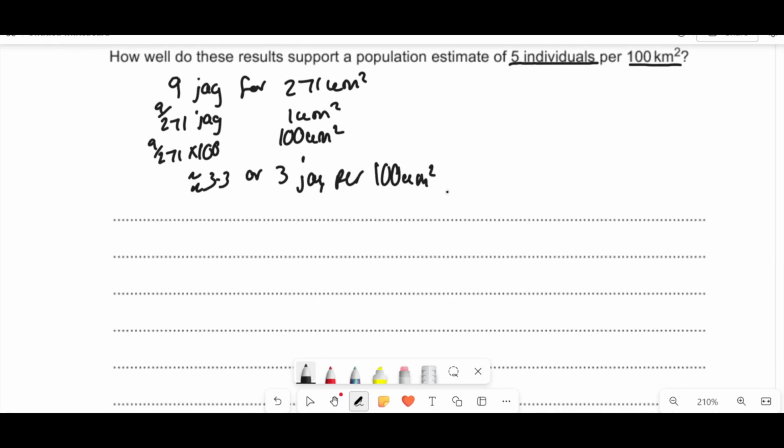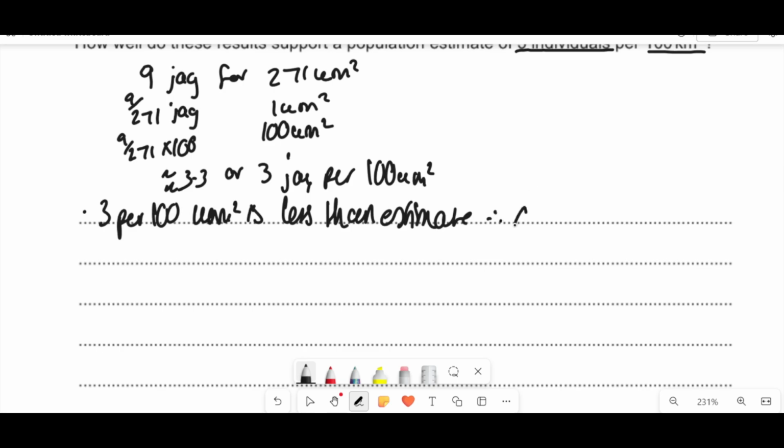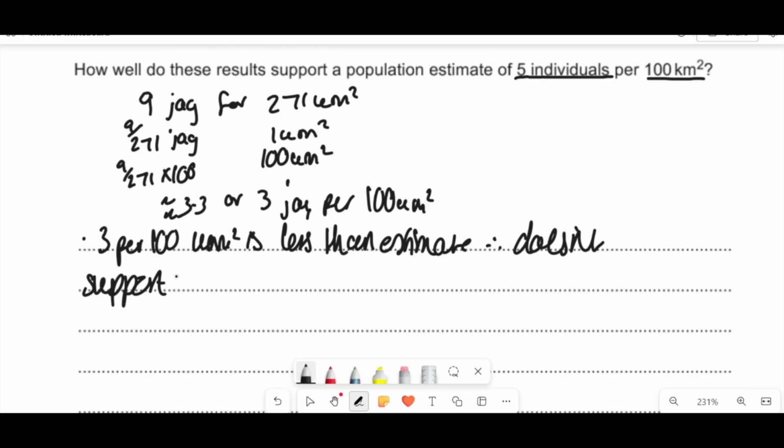So this already tells you that this is lower than the estimate. You would say that this 3 per 100 kilometers squared is less than the estimate. Therefore, it doesn't support it, basically.